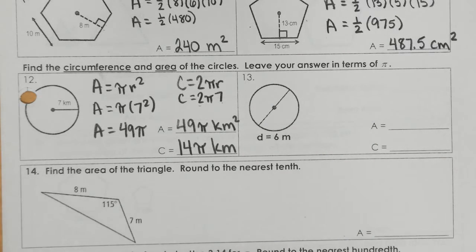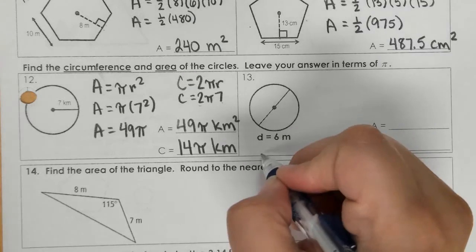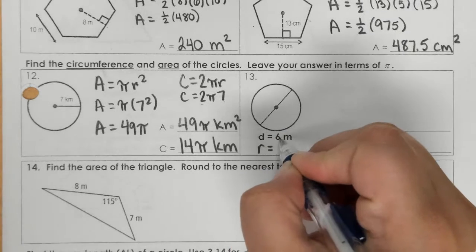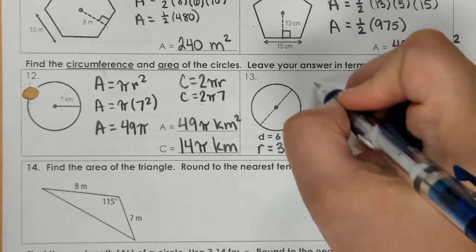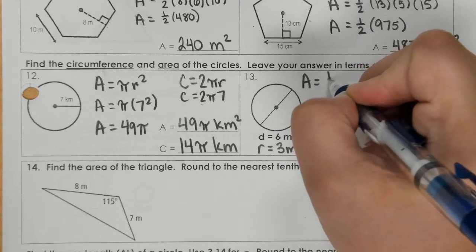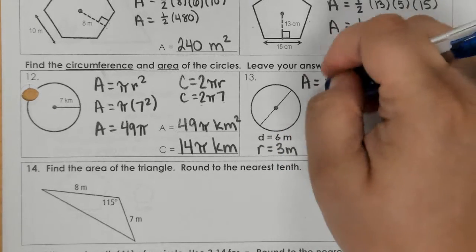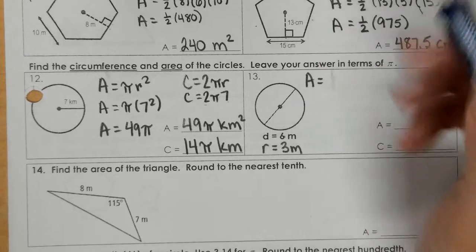Okay, and number 13, before I start the area, I need to also know the radius. So that's half of 6, which is 3. So area is pi r squared.